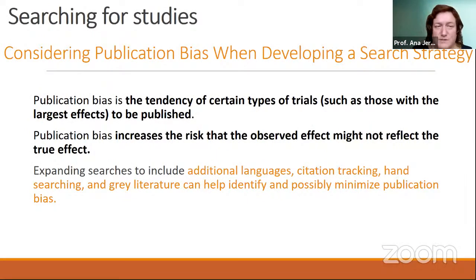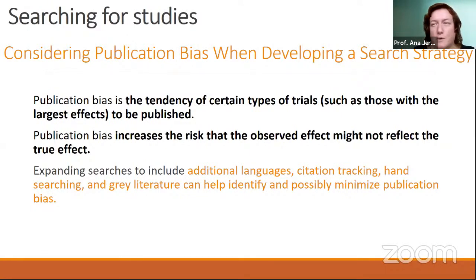Also, while searching for studies, we need to make sure that we don't have publication bias. Now we know that depending on their results, studies have different probability of being published. So positive studies with large effects are most probably published. In order to reduce the probability of this risk, we need to also search grey literature.